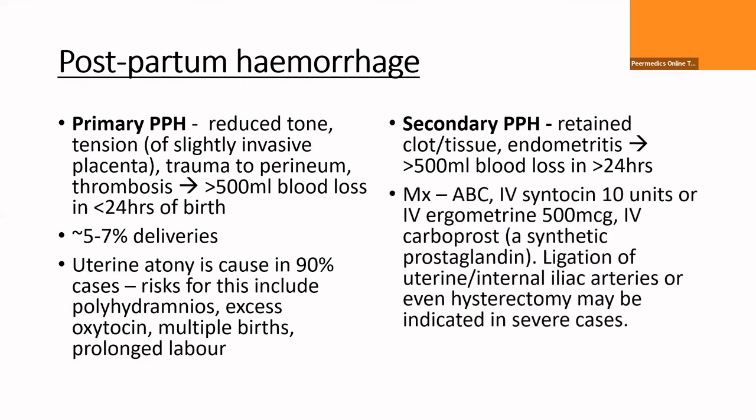So how to manage this? Use your ABCDE resuscitation, call for help as usual. Give IV syntocin or IV ergometrine or IV carboprost in the hope that these will help control your bleeding, I suppose. And then you can manually ligate any uterine or internal iliac arteries that could be bleeding, and consider hysterectomy in really severe cases just to stop the source of the bleeding.